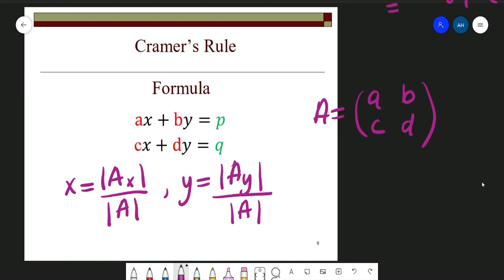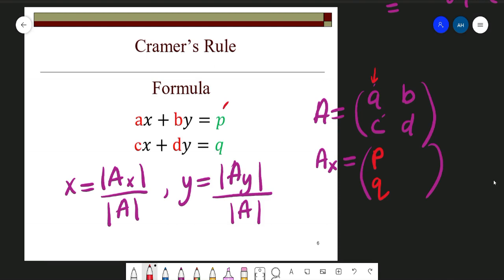Next, we need to explain what we mean by matrix Ax. Matrix Ax is like matrix A, but with a small modification. We remove all the coefficients of x and replace them with the right hand side. It's like matrix A, where we have A and C here, but we remove A and C and replace them with P and Q, the right hand side of the equations.